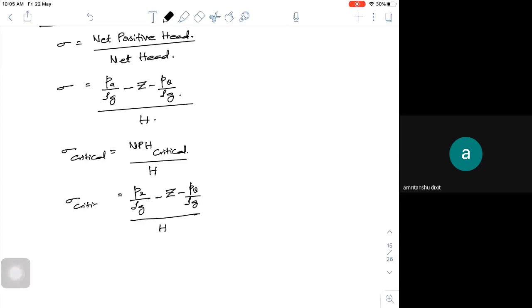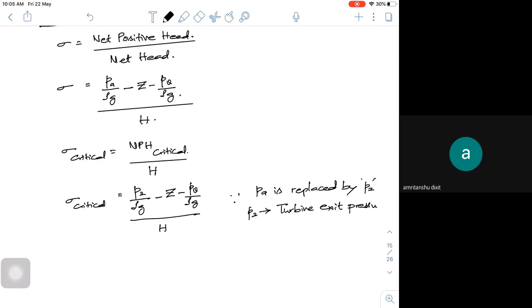Instead of atmospheric, which is 10.3 meters, if you take what is the minimum limit it can go, it should be the exit pressure of your turbine. So in your regular net positive head, PA is replaced by your P2. What is this P2? P2 is your turbine exit pressure.